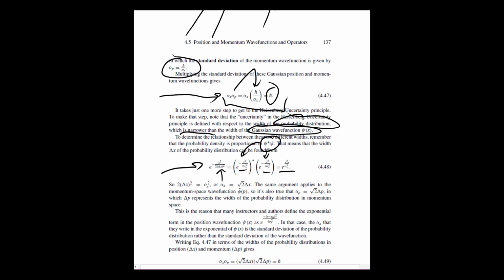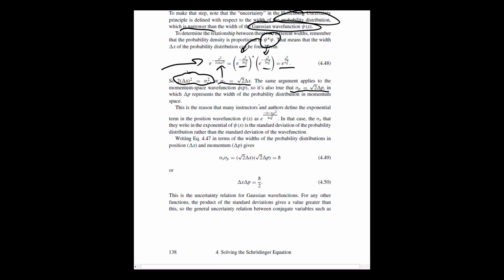So when you compare those, you find that 2 delta x squared, that is 2 times the standard deviation of the probability distribution squared, is equal to the square of the standard deviation of the wave function. Or sigma sub x is the square root of 2 times delta x. You can make that same argument for momentum, and sigma p is the square root of 2 times delta p.